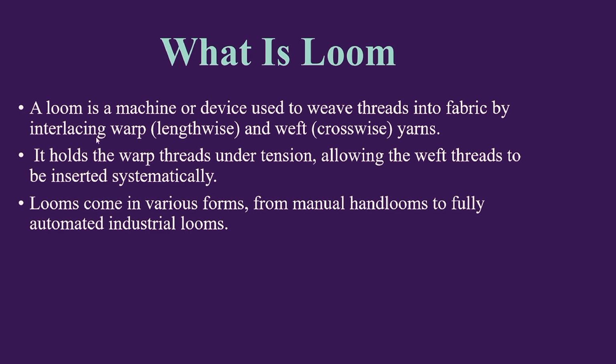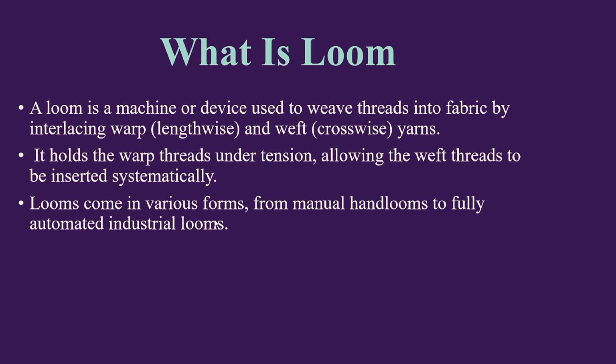It holds the warp threads under tension, allowing the weft threads to be inserted systematically. Looms come in various forms, from manual hand looms to fully automatic or automated industrial looms.